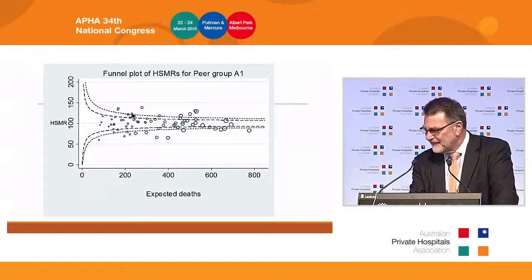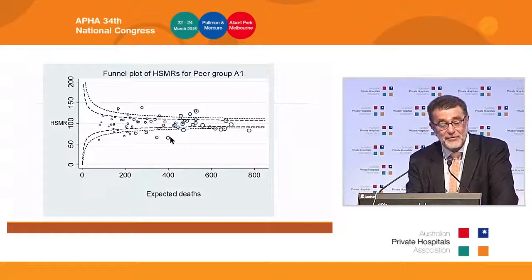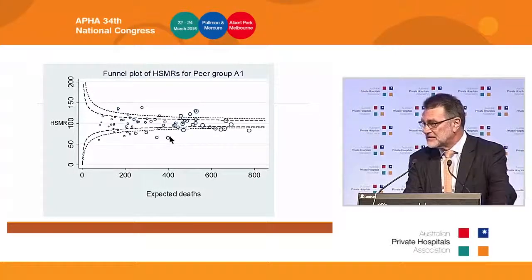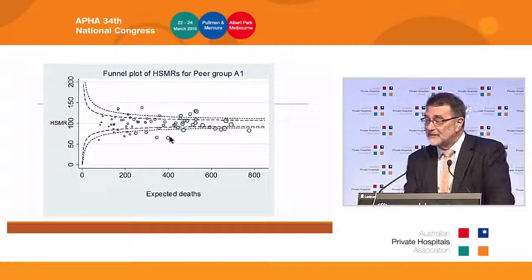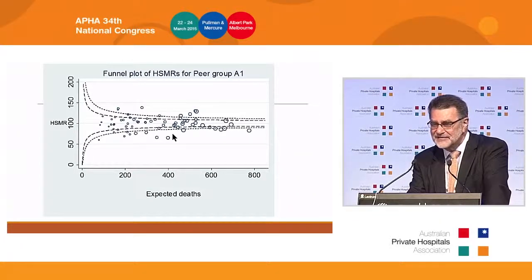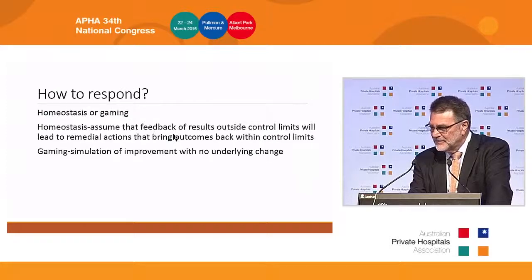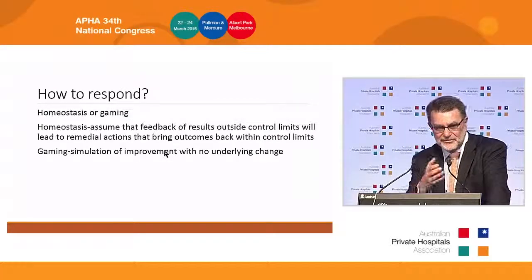In other words, there are factors that make some institutions safer than others, and they are not due to chance. What they are due to, we've no idea. We need to find that out. It's a field of study that we proceed with, but it's a field of study that I think we need to take seriously. So how do we respond to it?